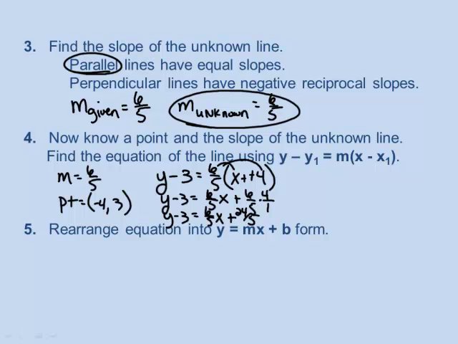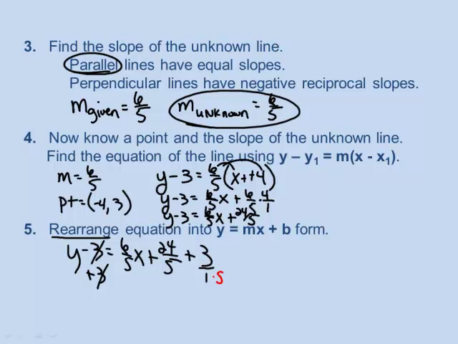And the final instructions say to rearrange the equation into slope-intercept form. So what that means is we're going to have to add 3 to both sides of that equation. So we've got y minus 3 is equal to 6/5 x plus 24/5. Add 3 to both sides. And over here, notice that in order to add those two values, we are going to need a common denominator because we're adding fractions.